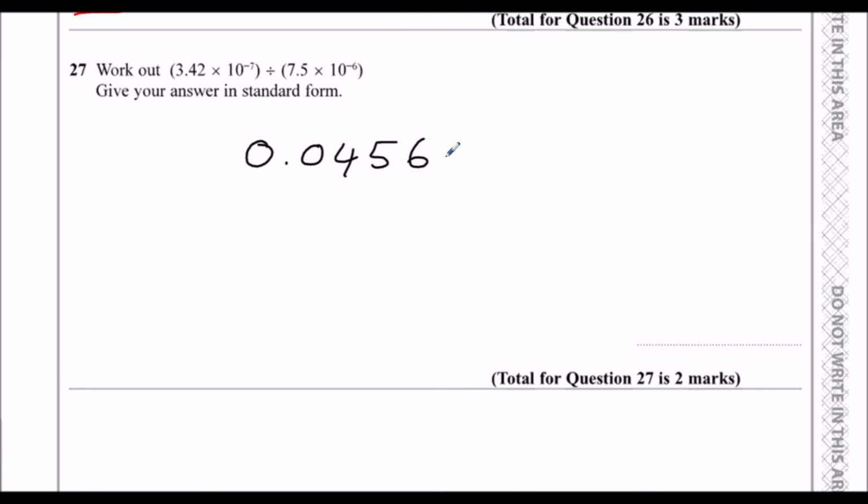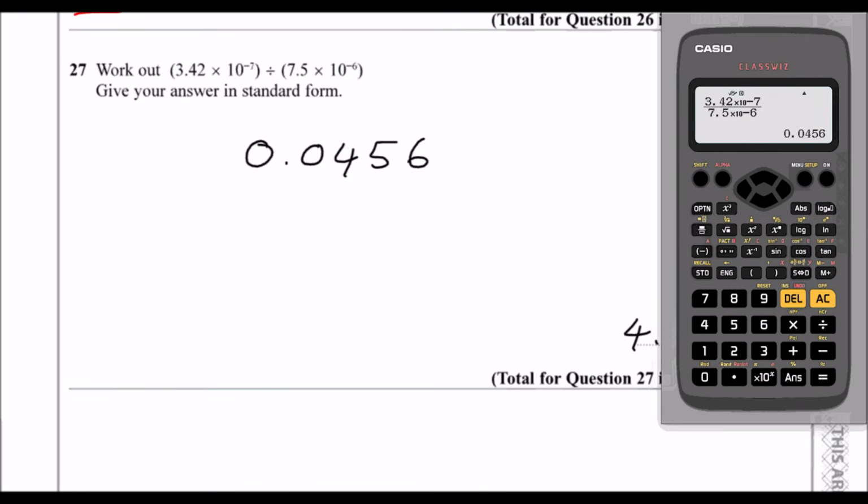So I need to write it in standard form. That will be a number between 1 and 10, so 4.56, then times 10 to a power. To get from 4.56 to 0.0456, I need to divide by 10 twice. So it's times 10 to the power of negative 2.